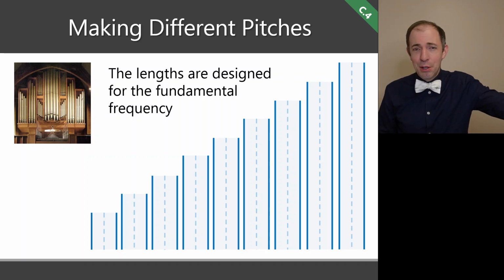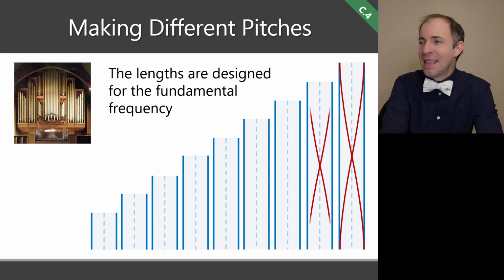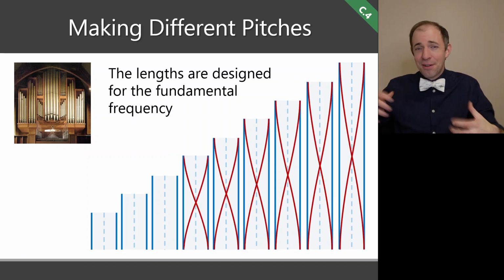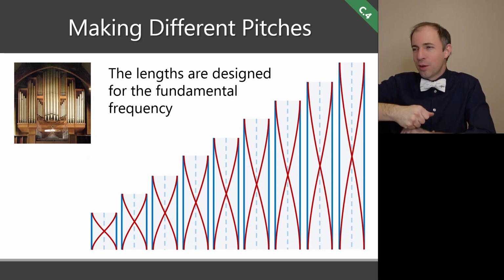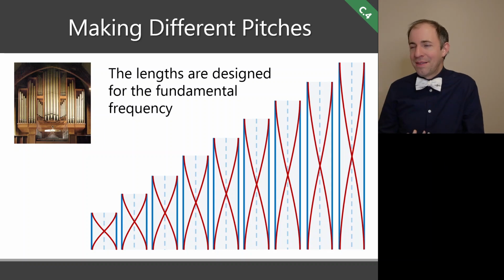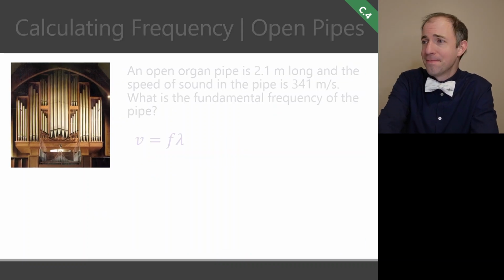So unlike a bugle that changes the harmonic to change the note, a pipe organ changes the length of the pipe. And then each pipe has a different wavelength, even though it's fitting the same number of wavelengths. Because the length of the pipe is changing, you are stretching out that wave. And as that wave gets stretched out, its frequency goes down because its wavelength is getting longer.